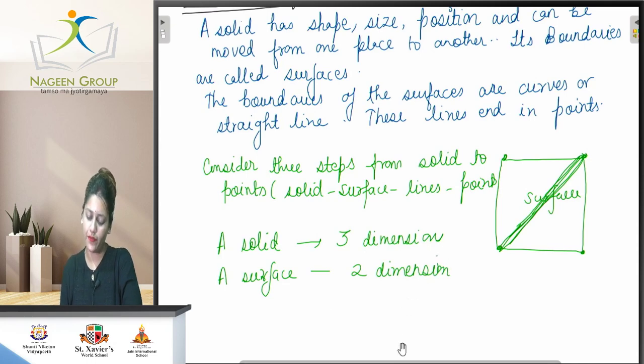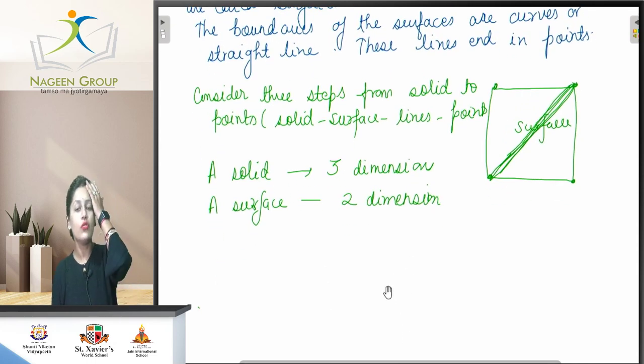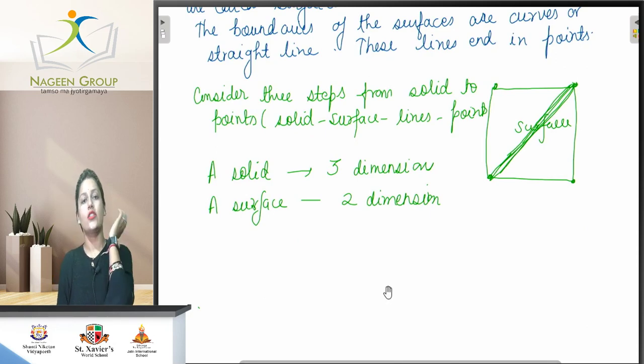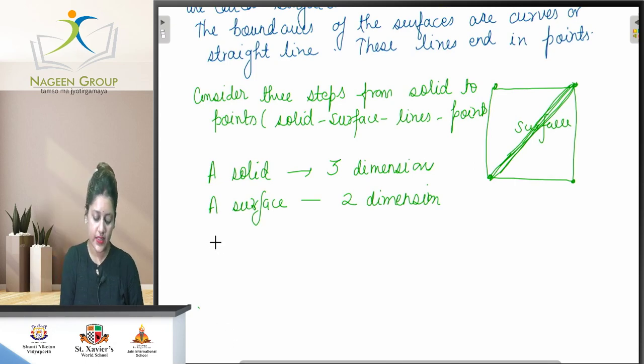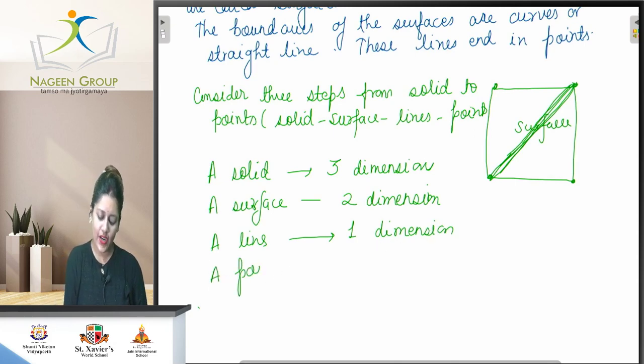A solid has 3 dimensions, a surface has 2 dimensions, a line has how many dimensions? It has only 1 dimension. And a point has no dimension.